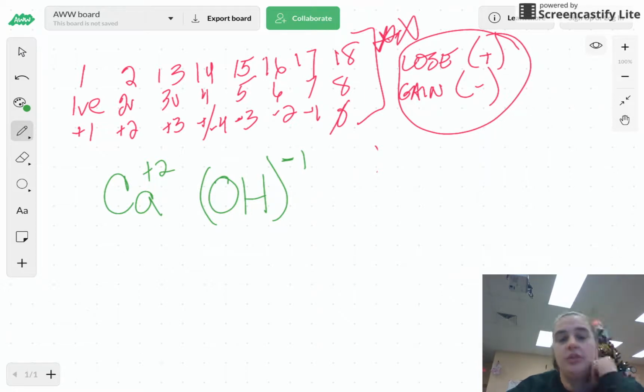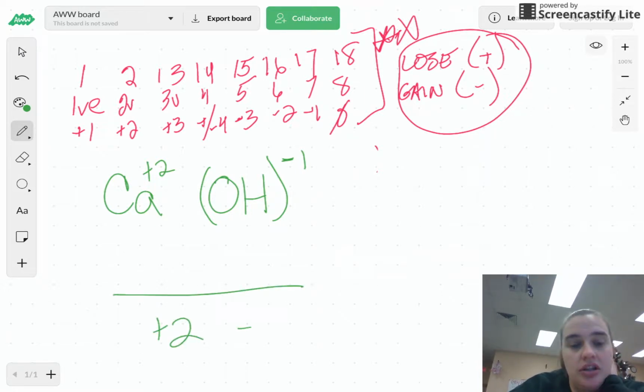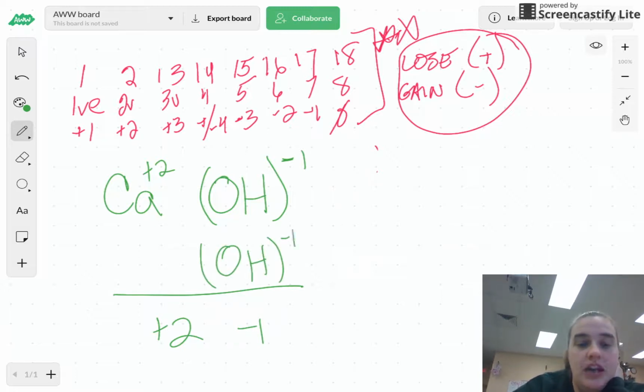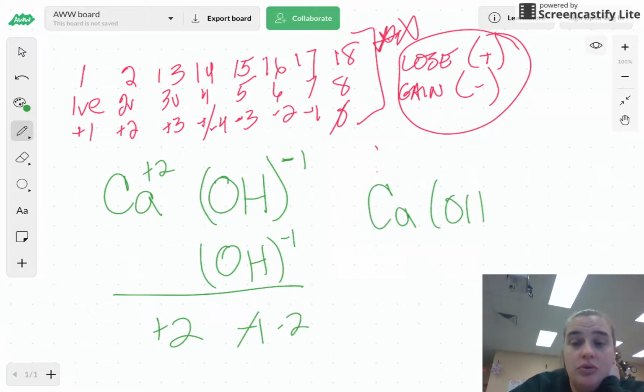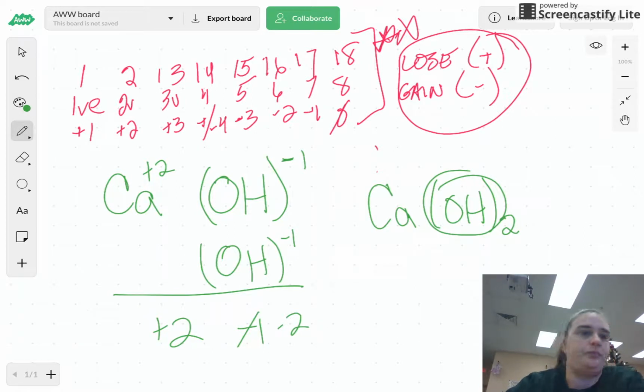So calcium's +2, OH is -1, so I need another one of these. And now I'm at a -2, so we're good. When we write this formula, we throw OH in parentheses because it's that whole package, and then the 2. That's telling me I have 2 of the OHs.